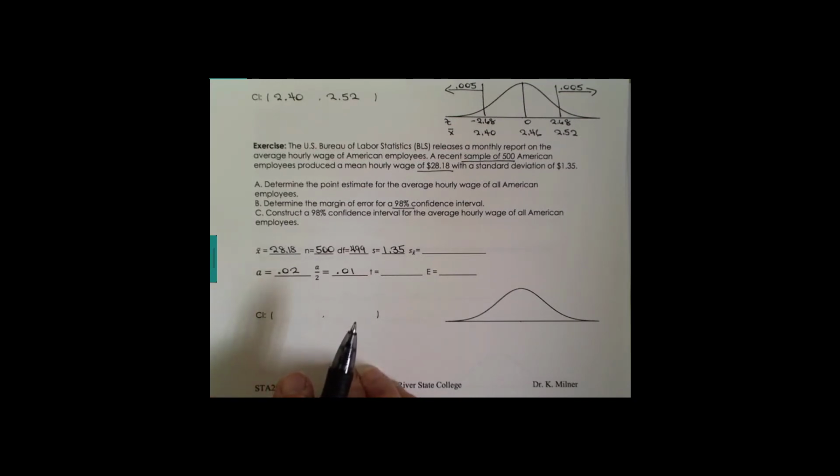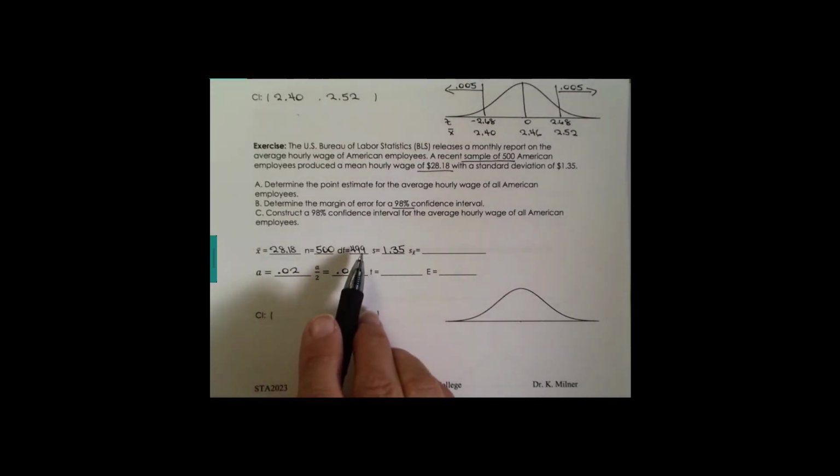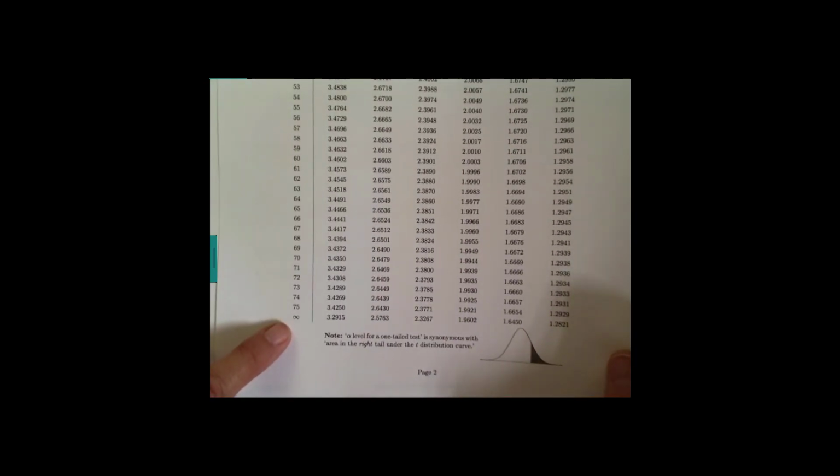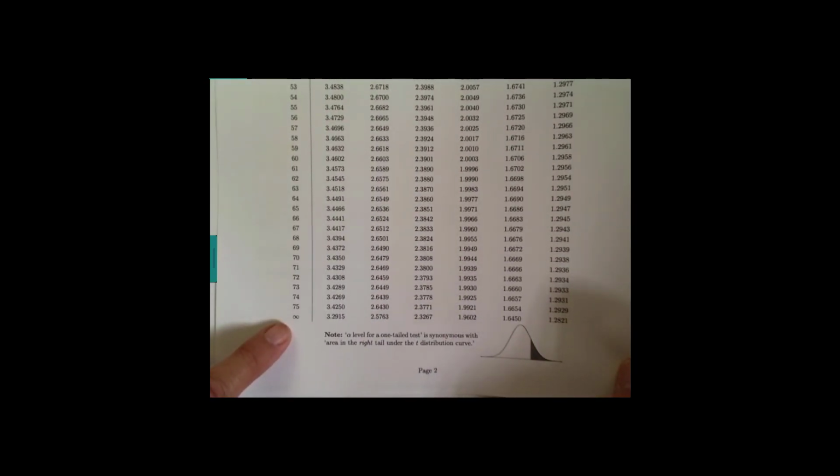So now I've got to go look for my t-score, don't I? I have my degrees of freedom, which is so big, I know I'm only going to be using this last infinity row. And then what do I need? Well, I need my 0.01 is the area. Well, which column is 0.01? Here it is.